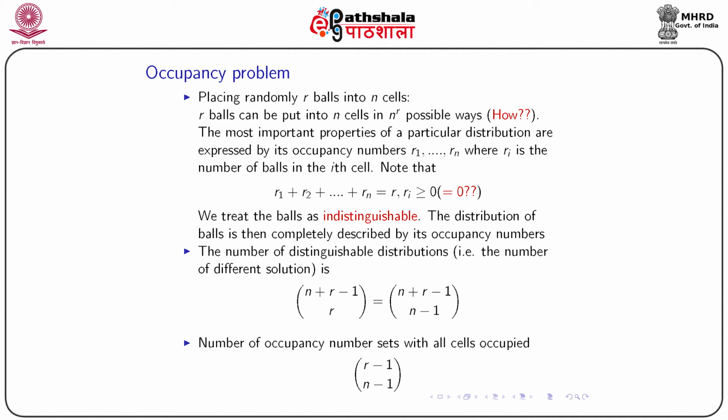Now if we put another restriction that all cells will be occupied, in that case the number of occupancy number sets with all cells occupied will be r minus 1 choose n minus 1. Now how to prove these two results?